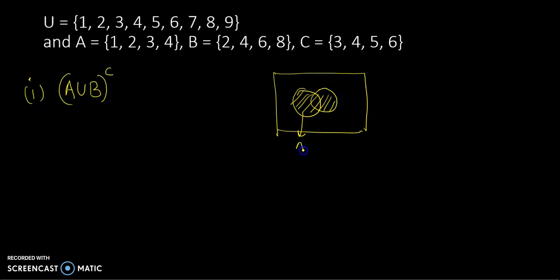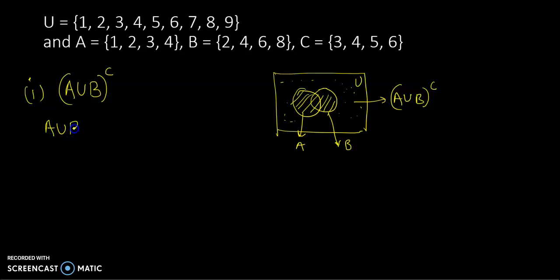This remaining dotted portion becomes the part of (A union B) complement. So first I'll find A union B, and whatever members are not a part of A union B will become the part of (A union B) complement.